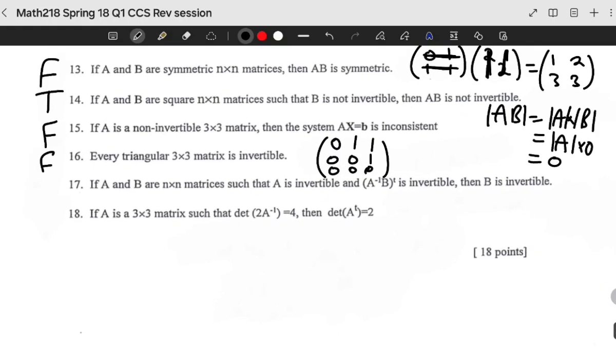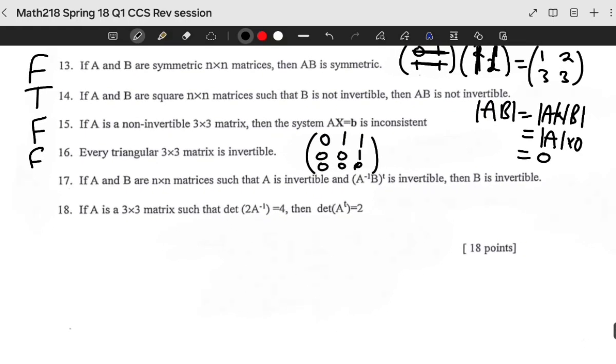If A and B are n by n matrices such that A is invertible and A inverse B transpose is invertible, then B is invertible. So this is invertible, so I know that the determinant of this is not equal to 0.